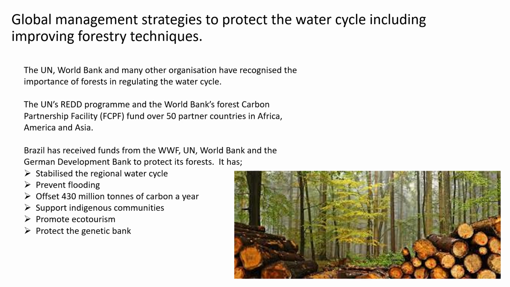We also need to consider how we protect our water, what we're doing with forestry, and how we consider our links between the water and carbon cycle. So the UN, World Bank and other organisations are looking at forests not just as a store of carbon but as a way to protect our water cycle.